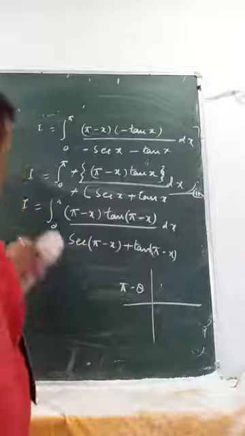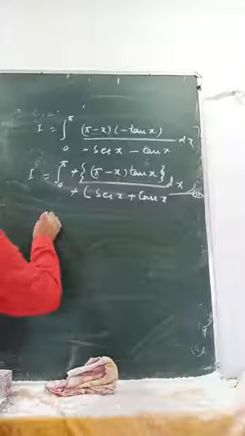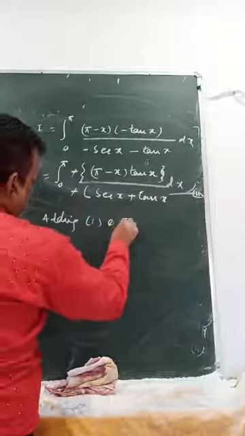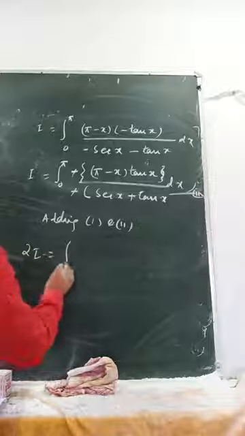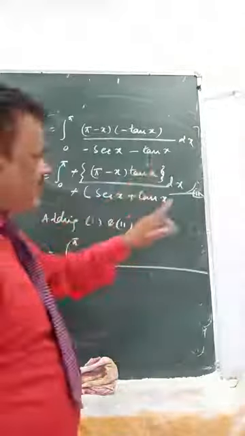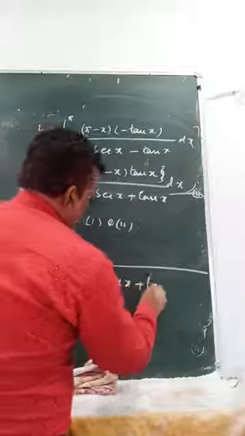So adding 1 and 2, 2I equals integral 0 to pi. The denominator is same in both, sec x plus tan x.